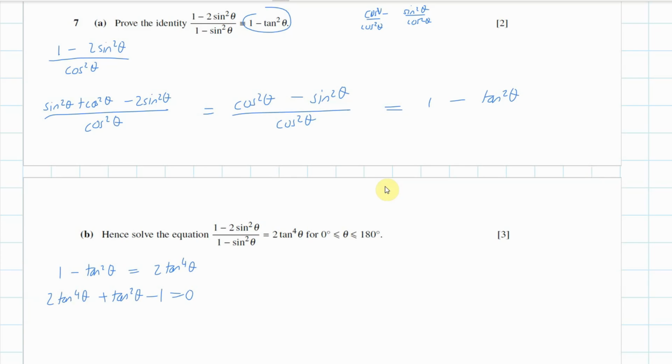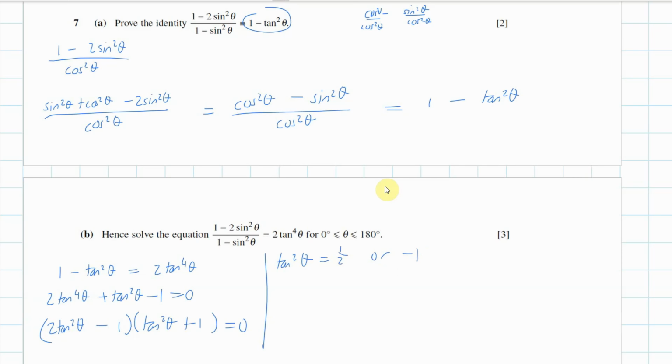And let's see, I think we can factorize that. I'm going to go 2 tan squared theta in one bracket and tan squared theta in the other bracket, a plus 1 here and a minus 1 here. And this will give me tan squared theta equals 1/2 or -1.